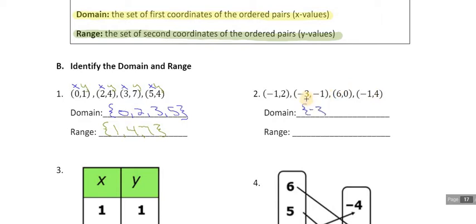So we've got -3, then we have -1, even though it's there twice, we only list it once. And then we have our domain value of 6. In terms of our range, we have 2, -1, 0, and 4. So in order from smallest to largest, we have -1, 0, 2, and then 4.